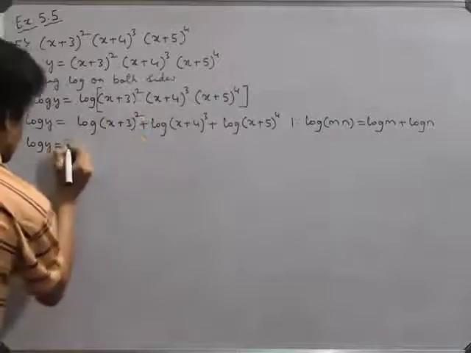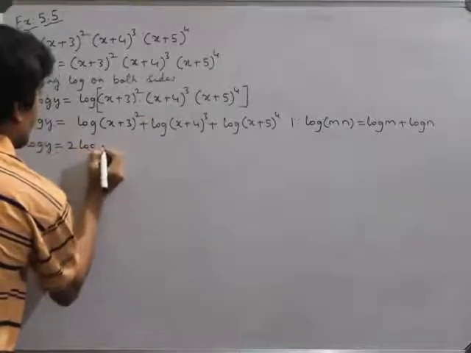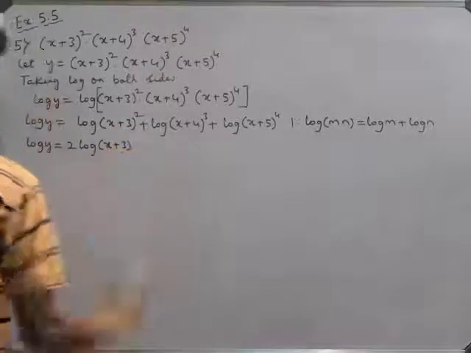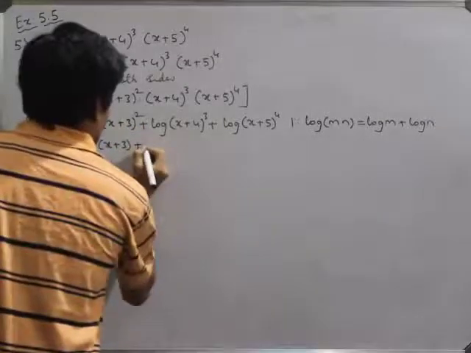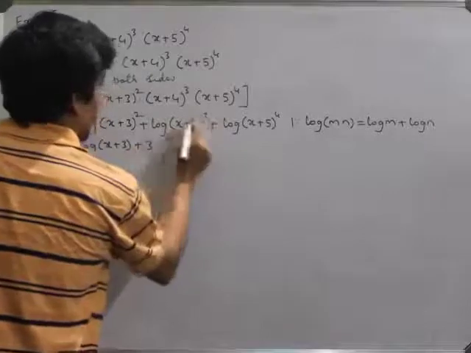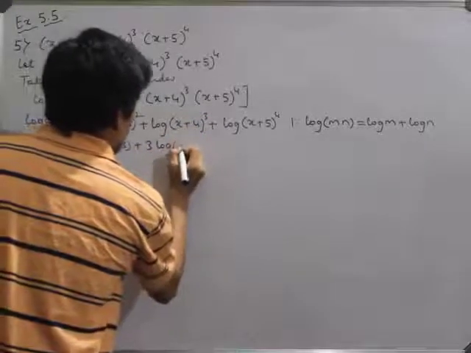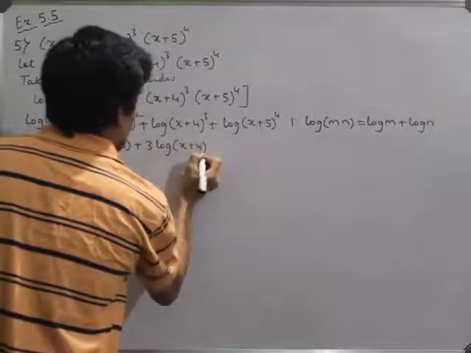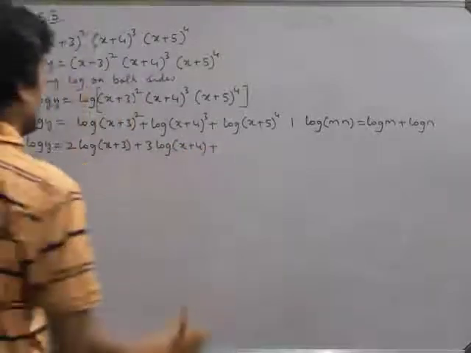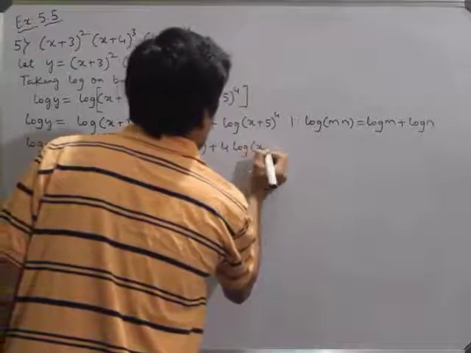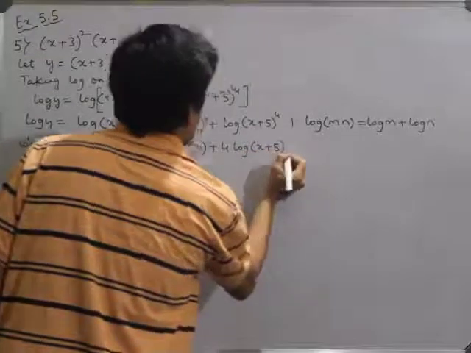This can be written as m log a, that is 2 log of x plus 3, plus again log of a raised to m is m log a, so 3 log of x plus 4, plus 4 log of x plus 5.